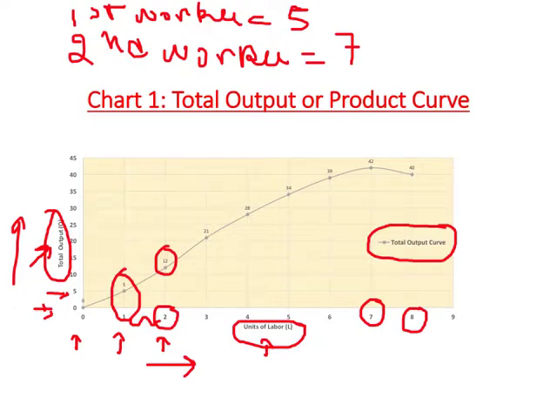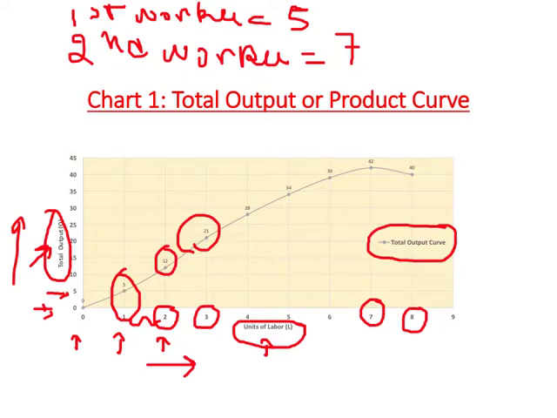The total output produced is 12, and there are 2 workers, so the average output produced per worker is 6. When the farmer employs 3 workers, the total output produced by 3 workers is 21. And so what is the average output produced per worker? When the farmer uses 3 workers, it is 7 units.